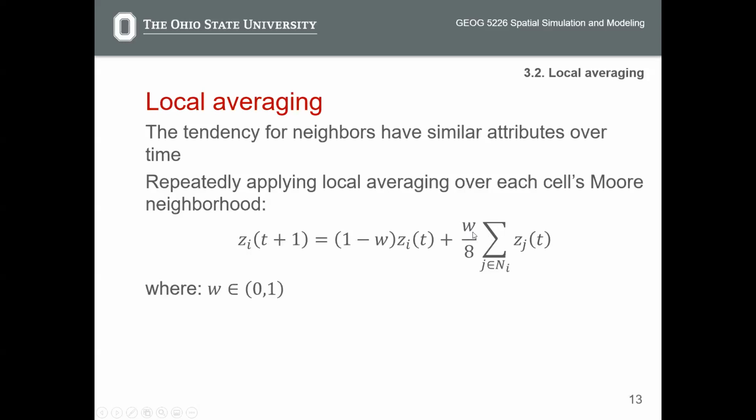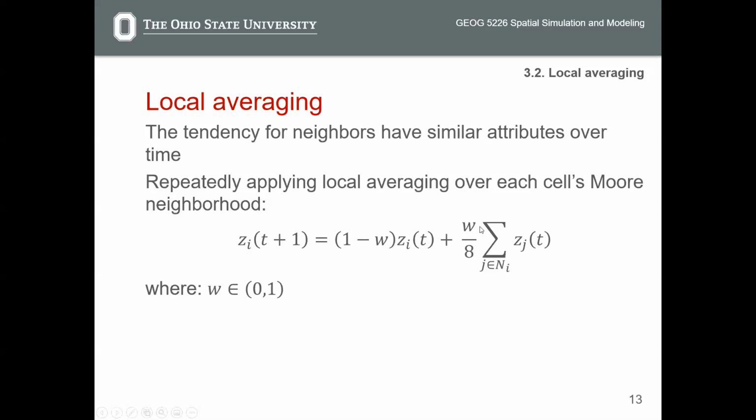If W is the weight for the average value, then the rest of the contribution is from its current value. So that's 1 minus W, okay? And that's the reason why W must be somewhere between 0 and 1, because eventually W is actually a percentage.